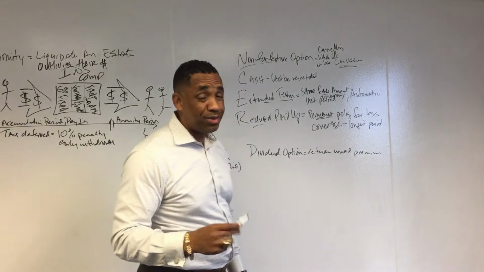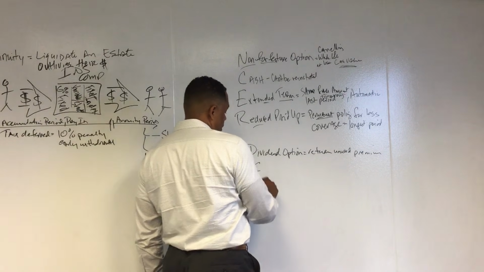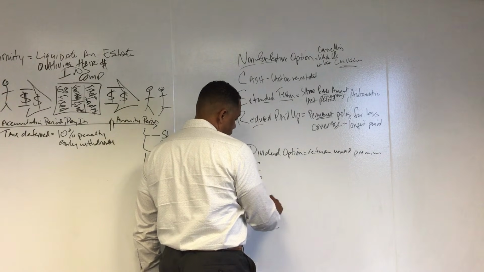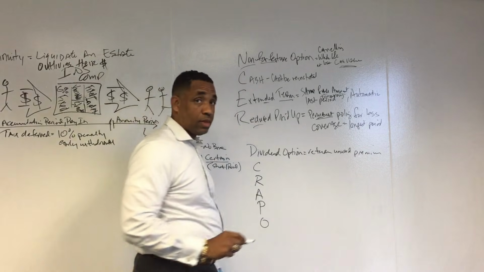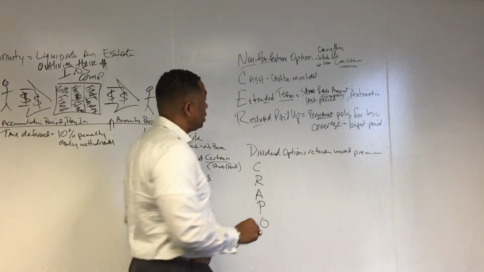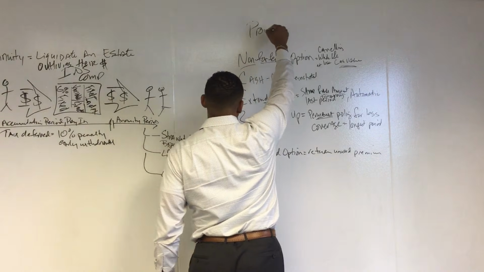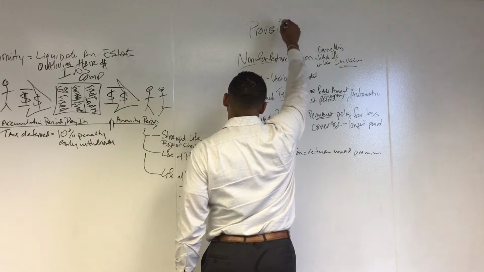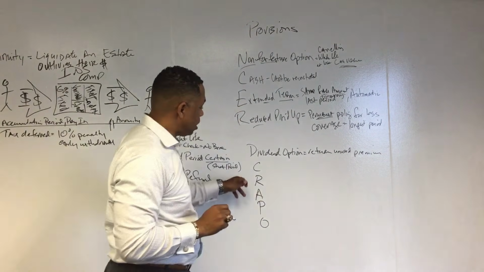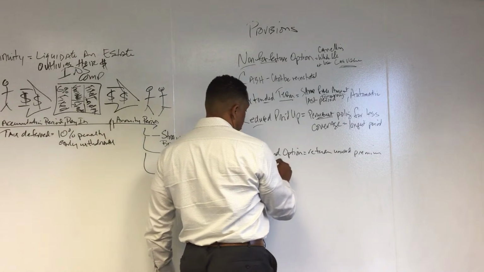So the insurance company owes you some money back. The C in all the provisions, all of these are the provisions, it's C in all of them is always cash. Send me a check.